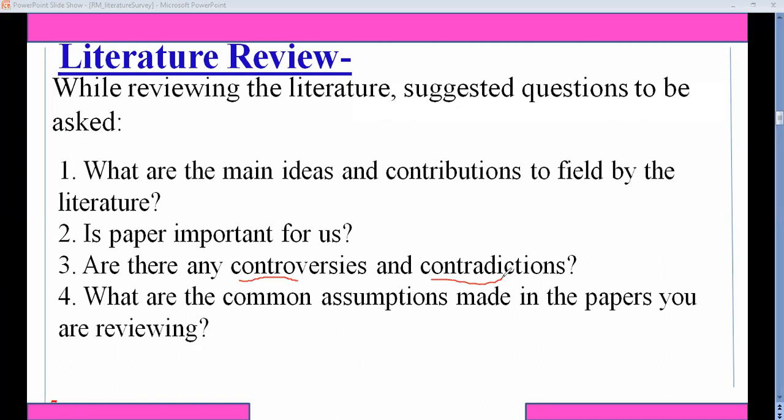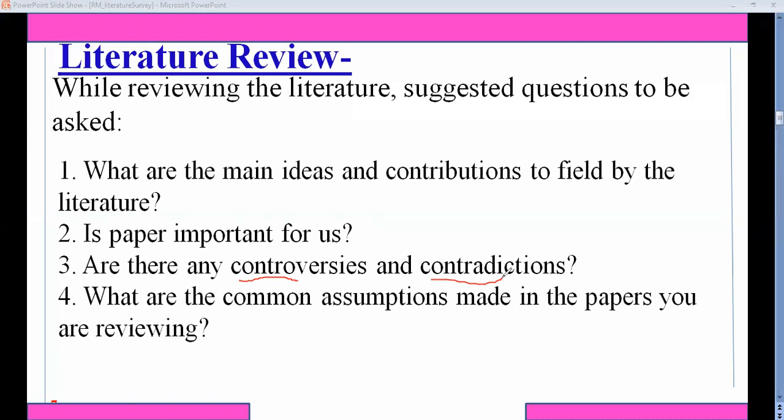If another says it is not increasing, it is contradictory. Some authors say with the same geometry heat transfer increases by 10%, and some say it increases by 30%. Then it is contrary: not exactly the same, but a little bit apart. So we have to find out which papers and theses show contrary or contradictory conclusions and observations, and note them down.